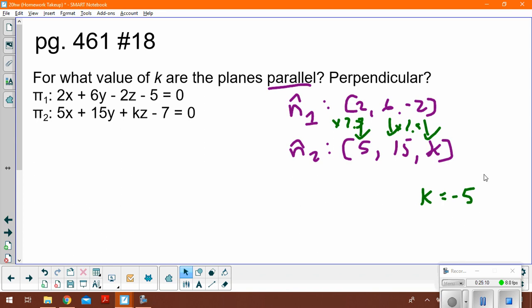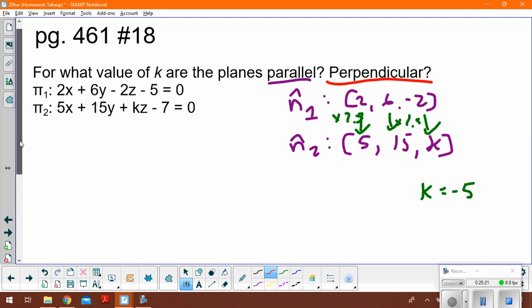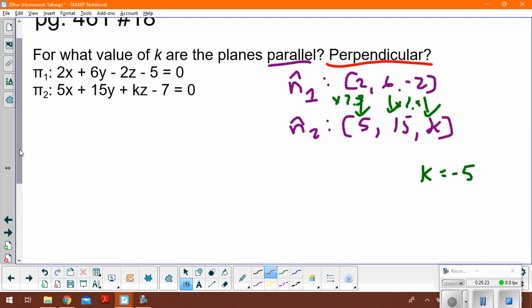All right. For perpendicular, we would need to do the dot product and solve it for k. If they are perpendicular, then n1 dotted with n2 would have to equal 0.